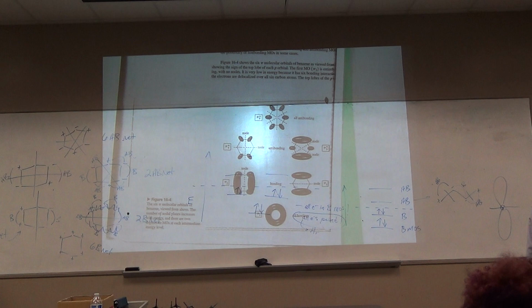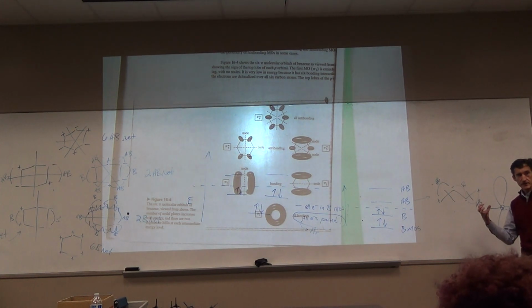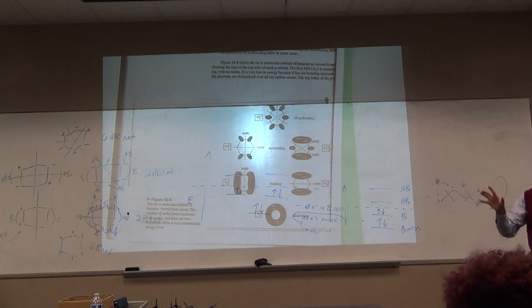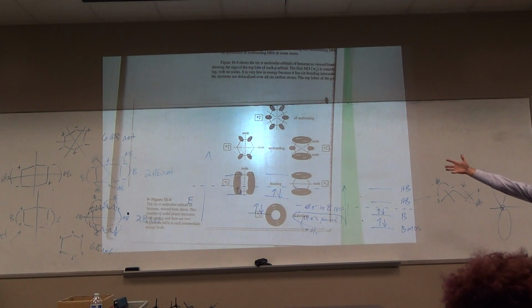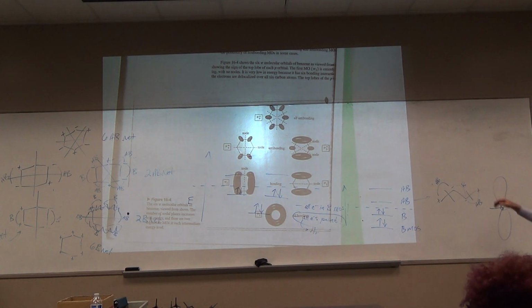There's actually a term called the linear combination of atomic orbitals, with a lot of math built into it, leading to this. All right, but you see how the picture of those nodes looks. That's what I tried to put over there with my plus and minus.